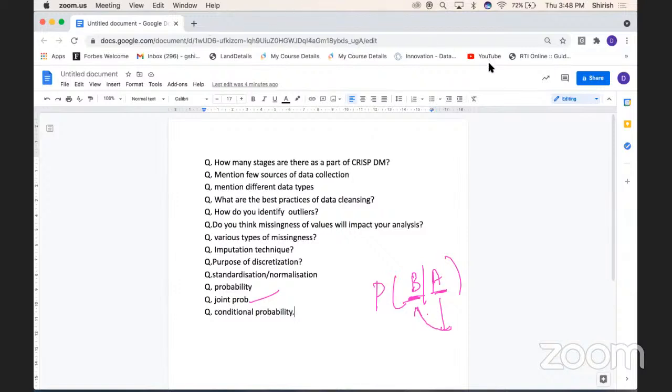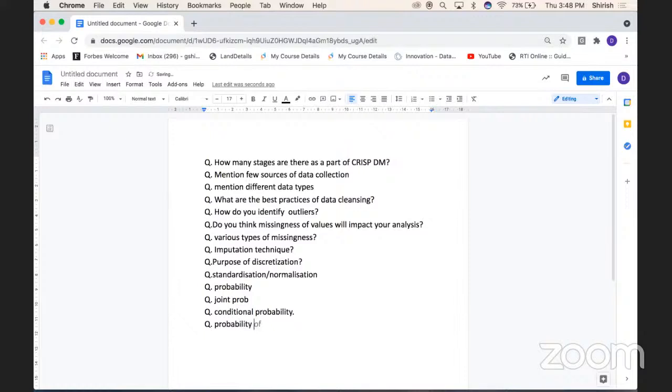Whenever an event occurs, the chance associated with each event is what you are capturing.